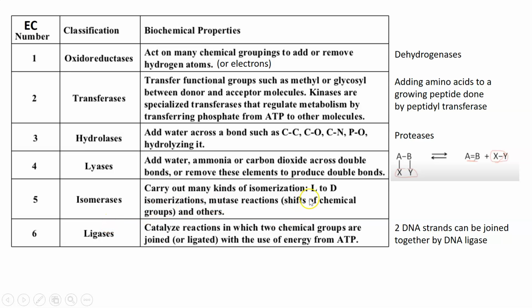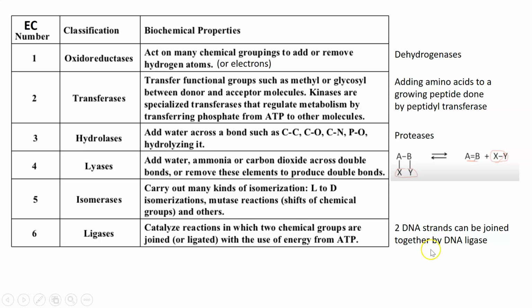Isomerases, like I said, convert a molecule from the left-handed version to the right-handed form, and ligases join things up. So if we want to join two strands of DNA, we use a ligase. When I say strands, you've got to be careful here. You've got one strand which hybridizes with another strand, those two strands joined together by the hydrogen bonds between the nucleotides.